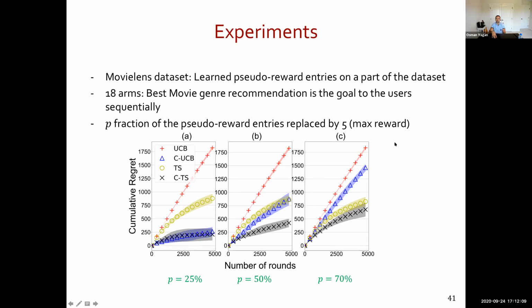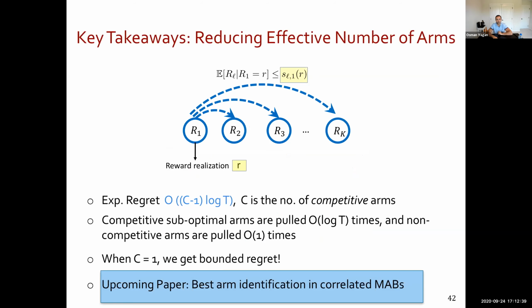So even if these correlations are not at all tight, like 70% of them are trivial, the remaining 30% is going to give you useful enough information that some of the choices stop being pulled in finite time, and overall your regret becomes substantially smaller than what you would have obtained if you just ignored those correlations and used the classic bandit algorithm. So that's the conclusion from these plots.